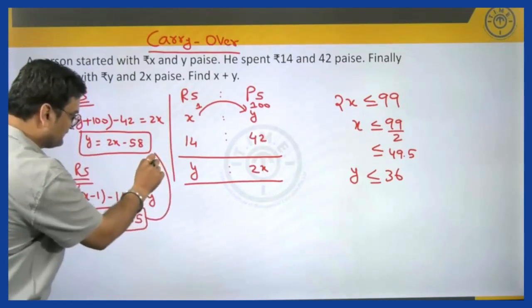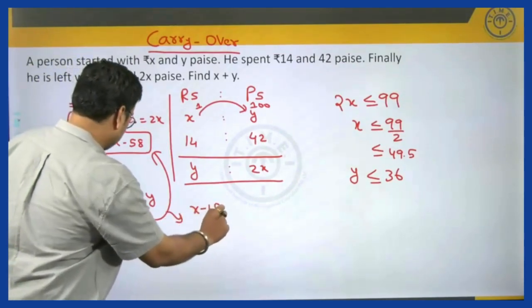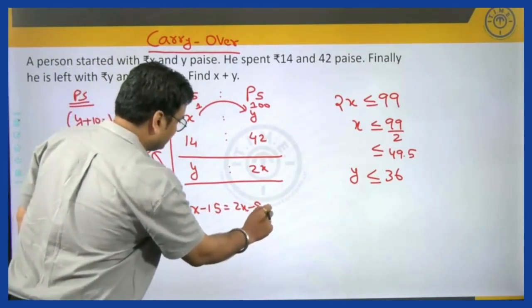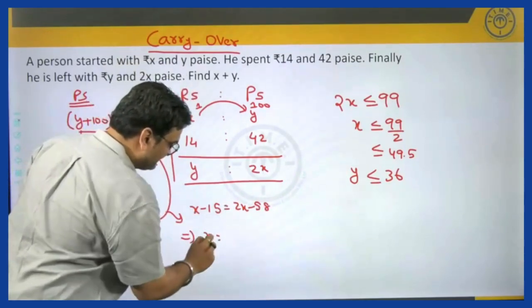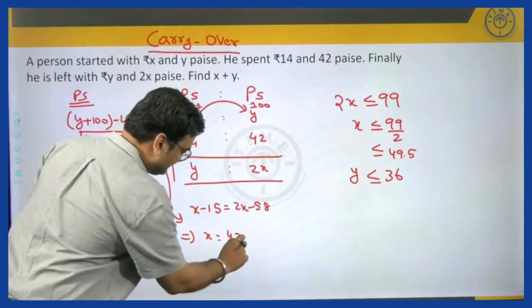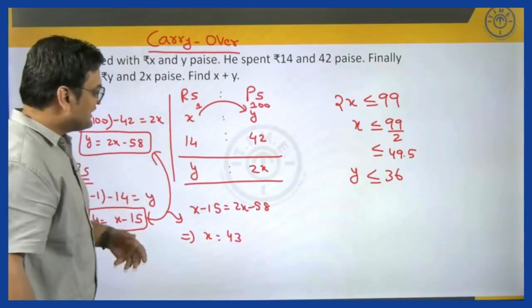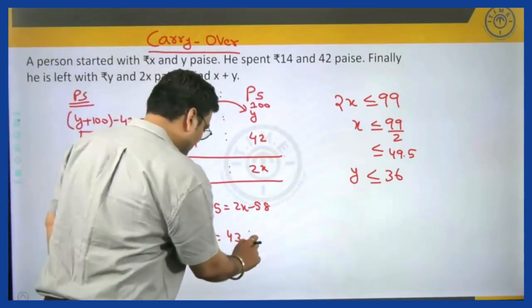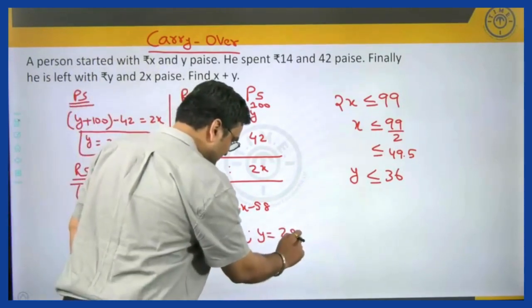So when I use these two, x minus 15 should be equal to 2x minus 58. When you solve this, you'll get the value of x as 58 minus 15, which is 43, right? So I started with 43 rupees. Now if x is 43, Y is going to be 43 minus 15, which is 28.